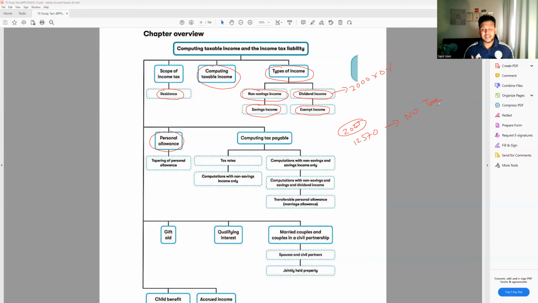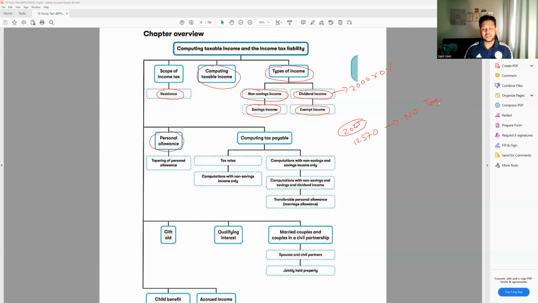The government, HMRC, says that lower income people, whose income is not that high, like 12,000 a year, is not that much income. So he needs this money to survive or for his expenditure, so he should not be charged any tax on that. For that reason, up to 12,570 in a year, there is no tax.